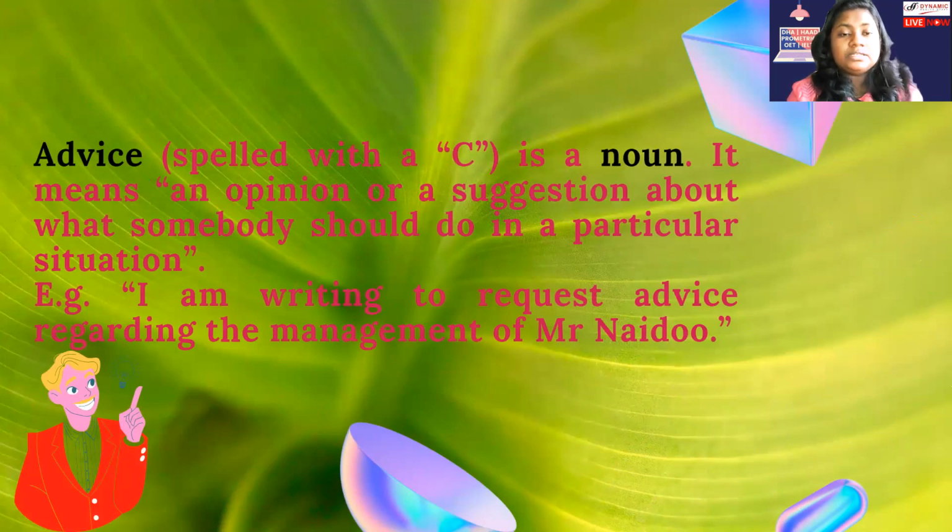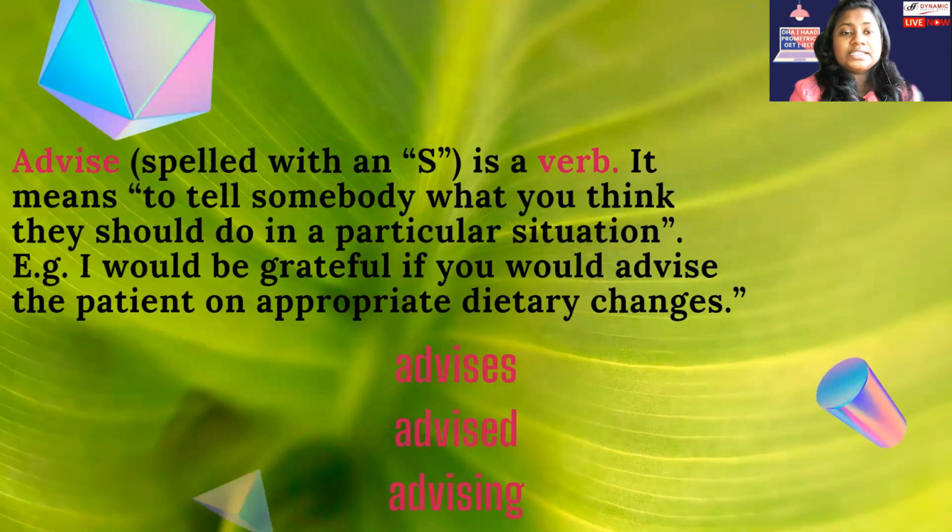For example, I am writing to request advice regarding the management of Mr. Naidu. There you request an opinion or suggestion from the particular person to whom you are sending the message. So you request advice, request opinion, request suggestion. So that is a noun. The next one is ADVISE, which is spelled with an S. It is a verb.